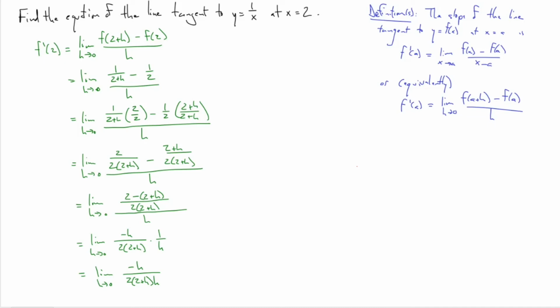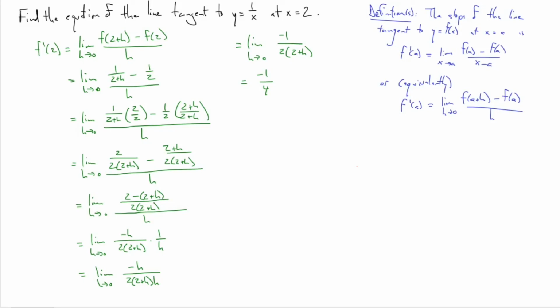Now the h's cancel, and we're left with a rational function that is perfectly well defined at h equals 0. So to compute this limit, all we have to do is plug in h equals 0. And that happily gives us the same negative 1/4 that we got when we computed the derivative at this point through the first definition. So no surprise there.